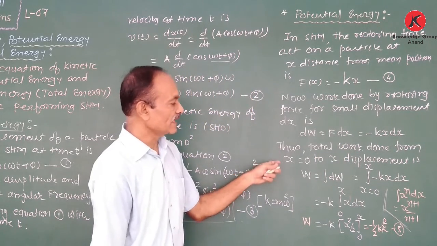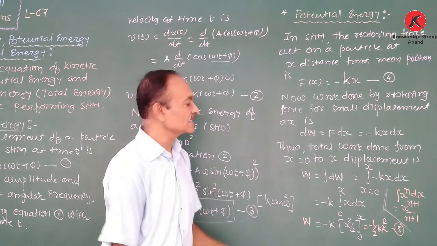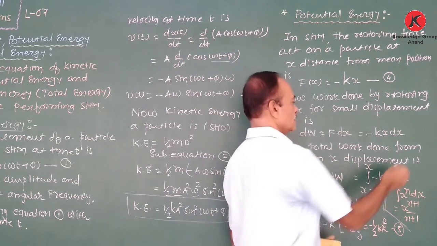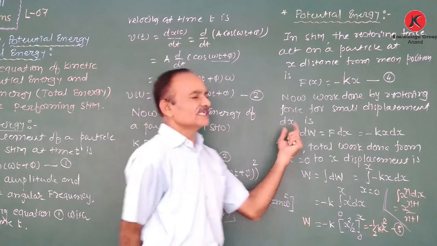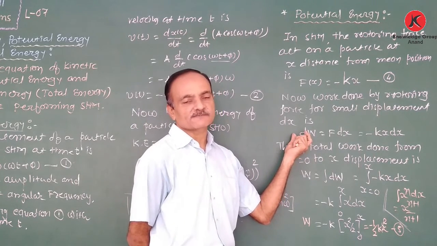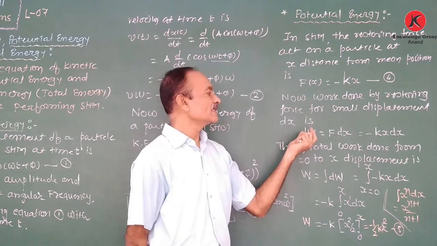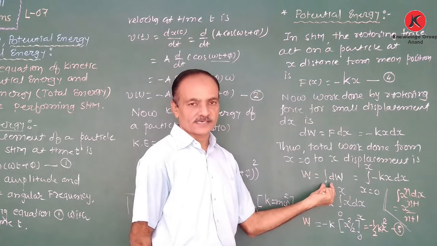Thus, total work done from x is equal to 0 to x displacement, that means from mean position to the x displacement, we obtain by taking the addition of this type of work done for the small displacements. Here all the displacements are continuously distributed. Therefore, instead of the addition, we directly consider the integration.